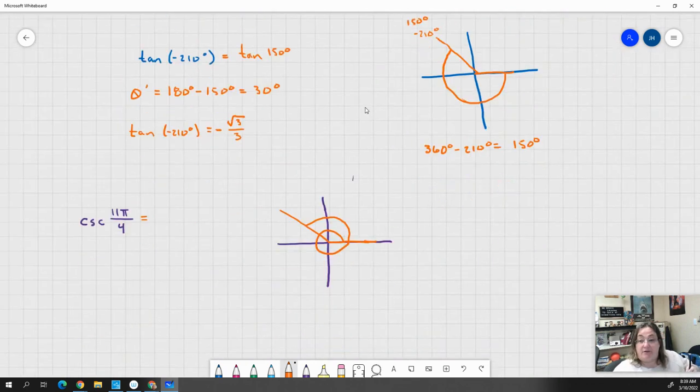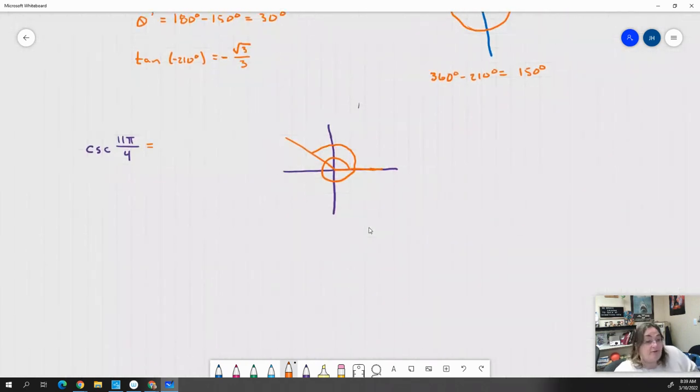3 pi over 4. If I don't have a unit circle in front of me, I could figure that out, though, because I could just go 11 pi over 4 minus 2 pi.